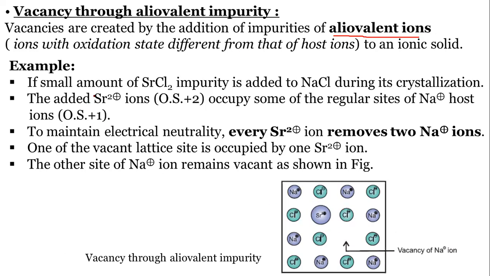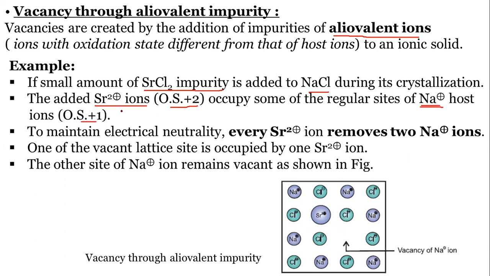We will take this example: if a small amount of SrCl2 impurity is added to NaCl, where the host is NaCl, what happens? The added Sr2+ ions have oxidation state +2. So these Sr2+ ions occupy some of the regular sites of Na+ host ions, whose oxidation state is +1.